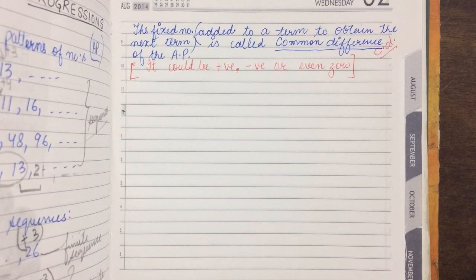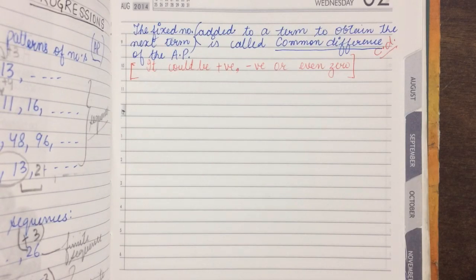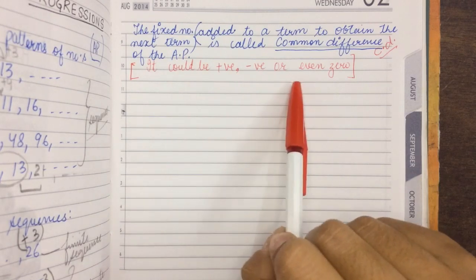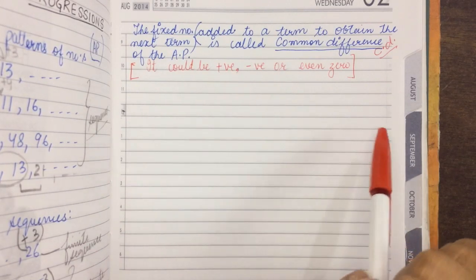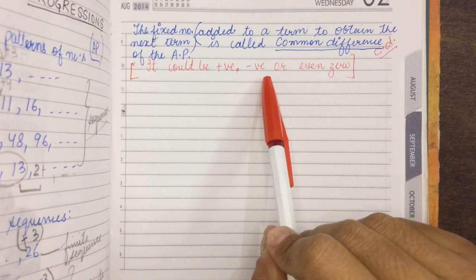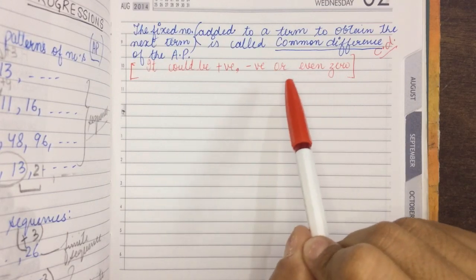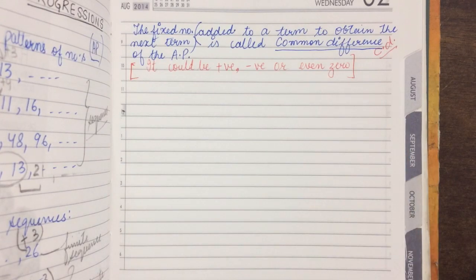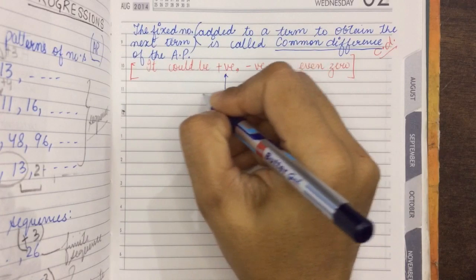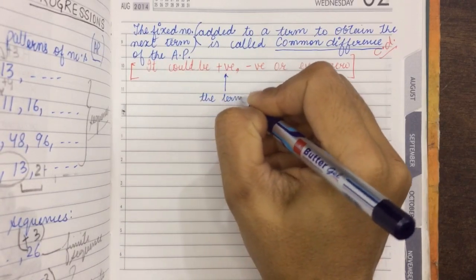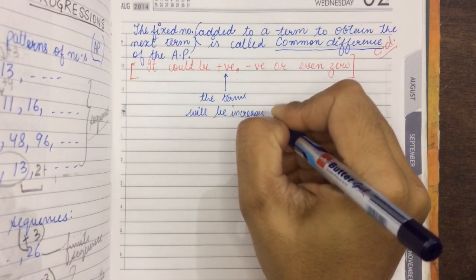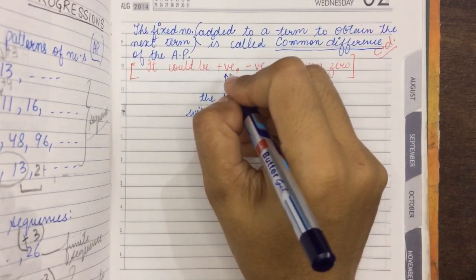You could go back to the sequences which I have listed right before the definition. If you look at those examples, you would understand what I'm referring to here. If we add a positive number, how do we get the next term? If we add a negative number, that would be subtraction. And if we add 0, that means there will be no change. So in this case, the terms will be increasing because this is simple addition.